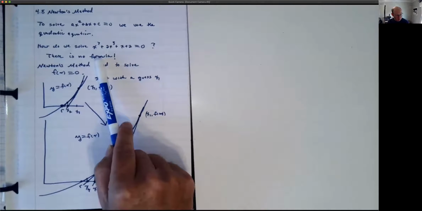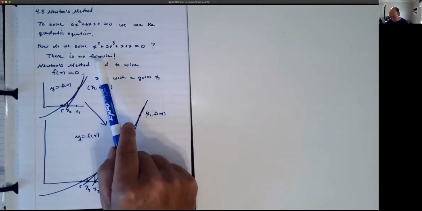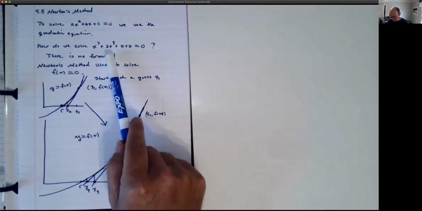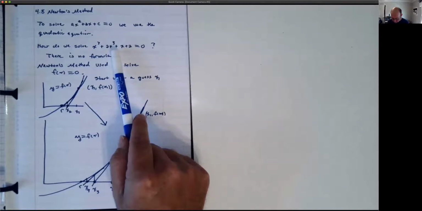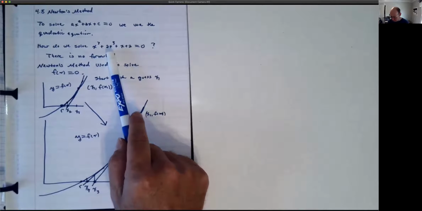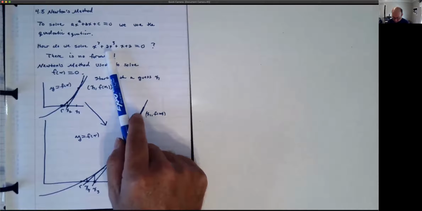Turns out there is no formula. It was proven a couple hundred years ago that there is no quadratic type formula for anything greater than, I believe, fourth degree roots.